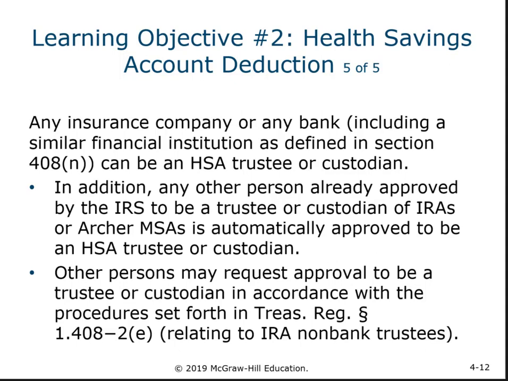So these health savings accounts cannot just be a normal account. They have to be set up with an insurance company or a bank. They have to be a trustee, very similar to a retirement plan. They have to have a control, and they're going to report back to you what you spent, what they got in, and what you requested to be paid out.